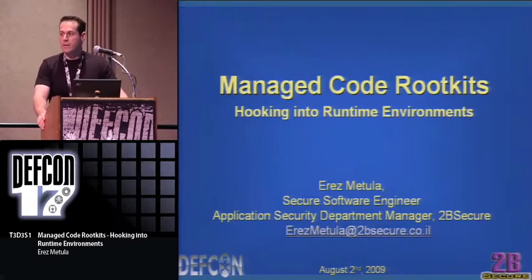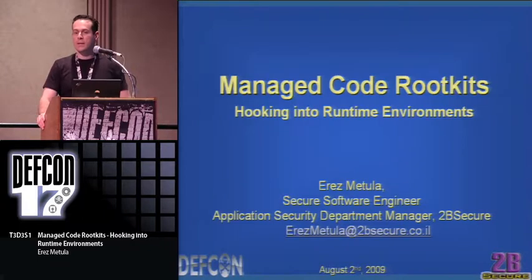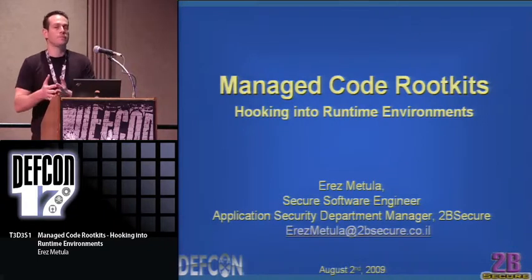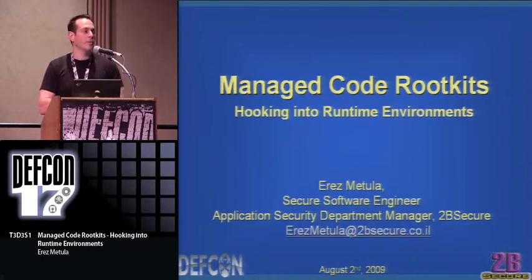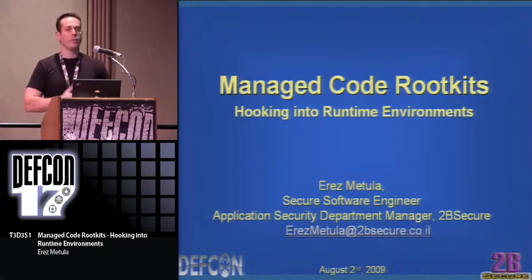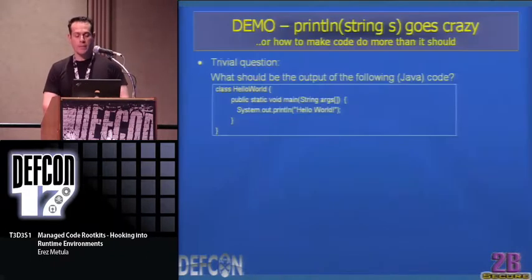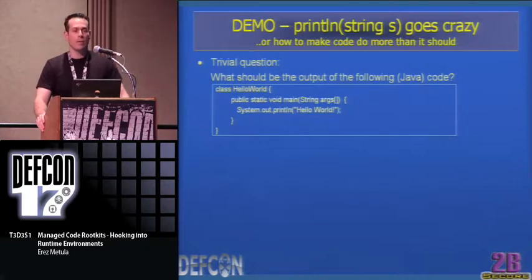So what the application-level code says is not necessarily what it's going to do. And this is a problem when we're doing code reviews, because the malicious code might not be at the application level.